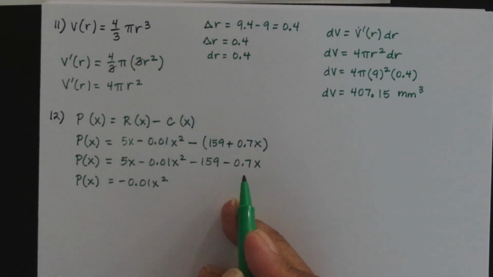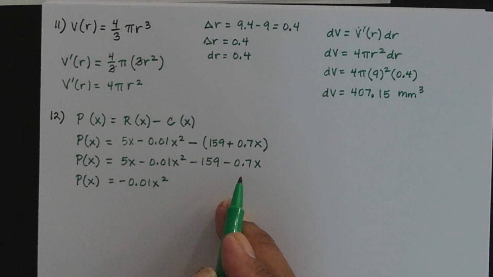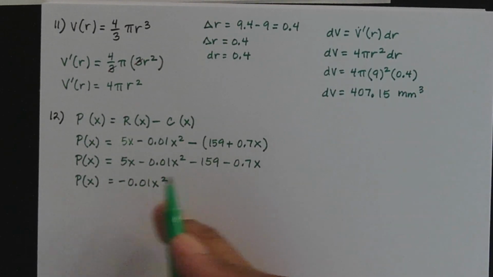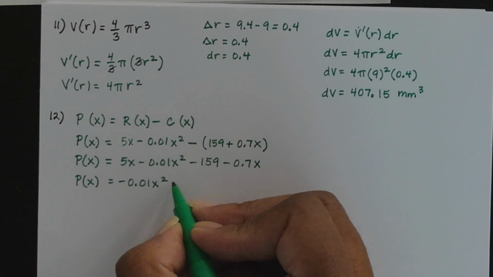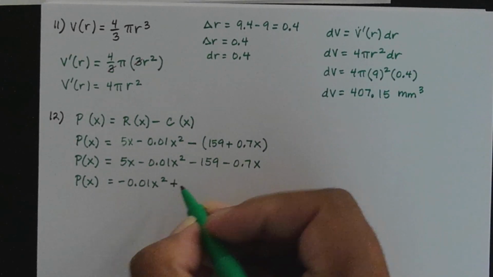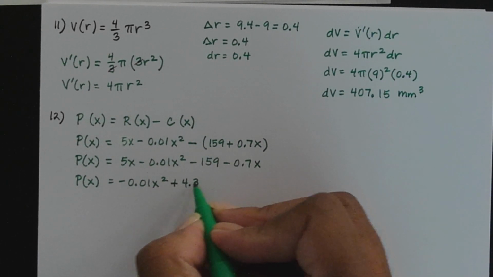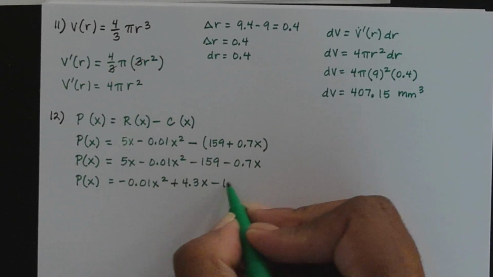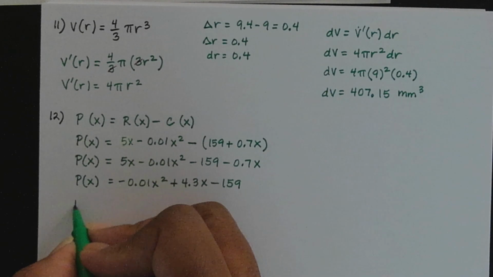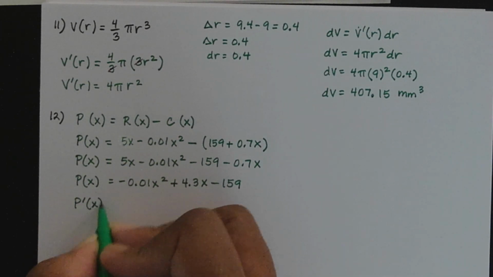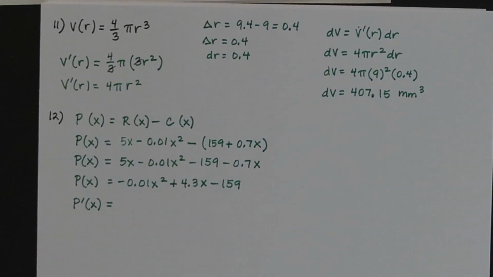And then 5x minus 0.7x is how much? Anyone? 5x minus 0.7x. 4.3x. Yeah, plus 4.3x. And then I'll bring down the minus 159. And then we can find the marginal profit function by taking the derivative of that profit function.